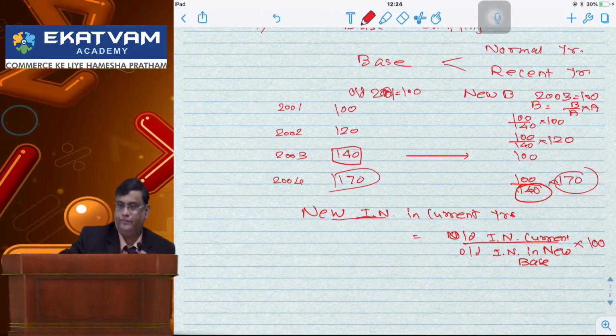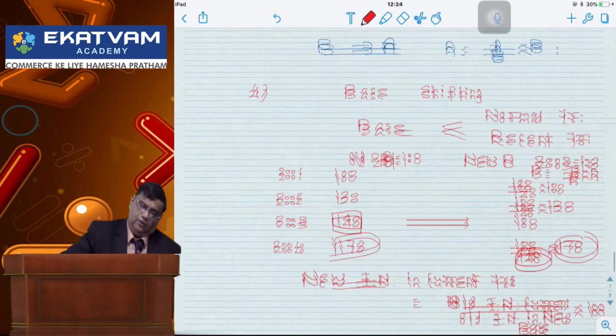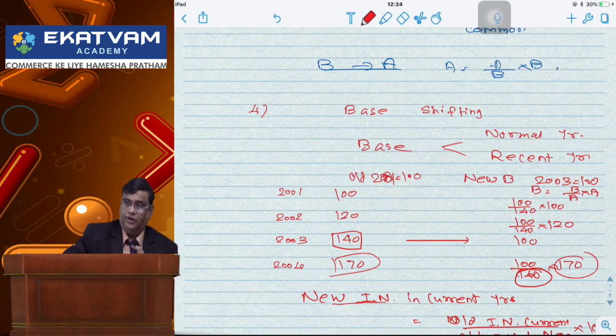Is that clear? That's base shifting. So remember, base shifting has to be done when the base year is not a normal year, having natural calamities. Otherwise, it is not a recent year, it is a year in the distant past.